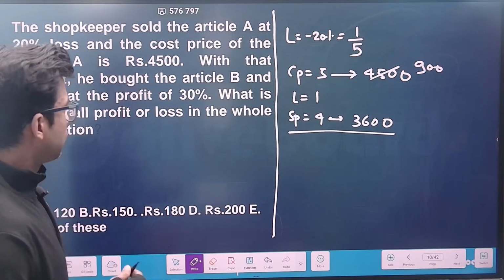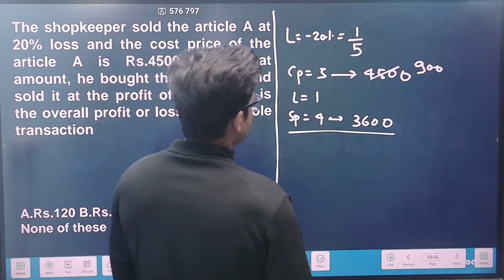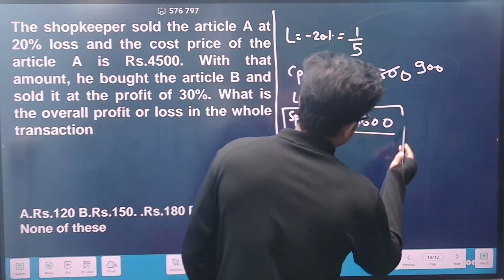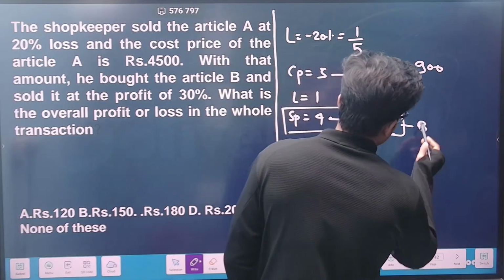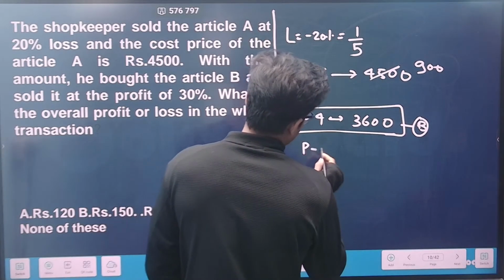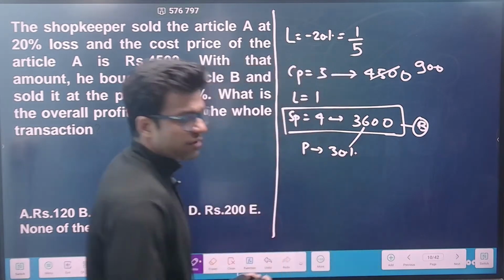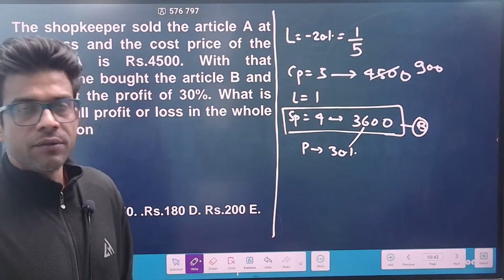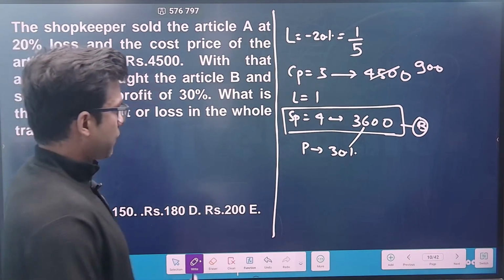Now with this amount he bought article B, so this is the cost price for article B, and sold it at a profit of 30%. 30% means what? 30% of 3600 you need to calculate, which is 1080.